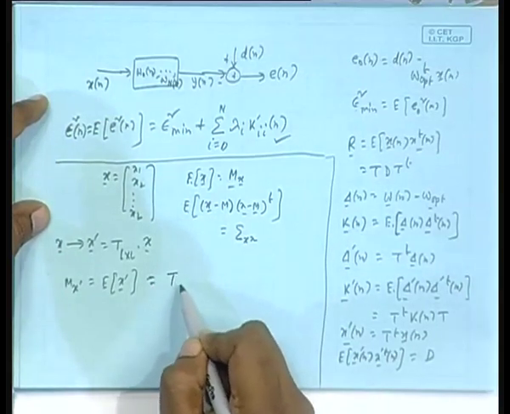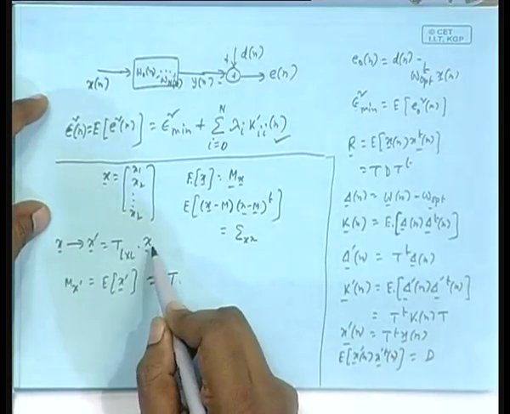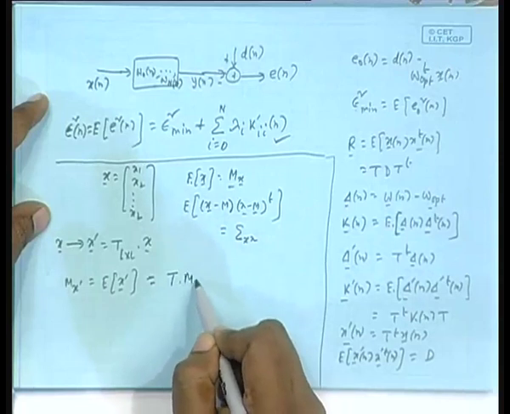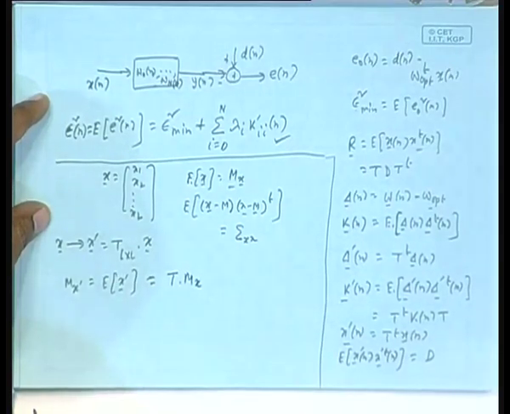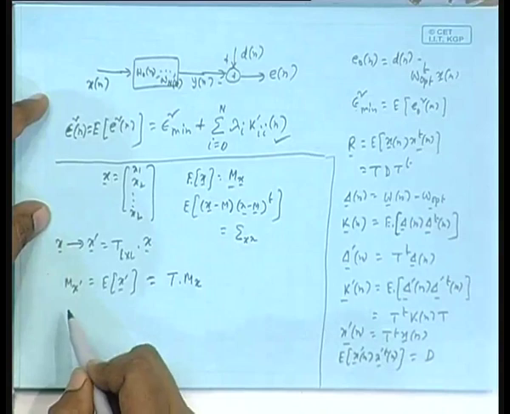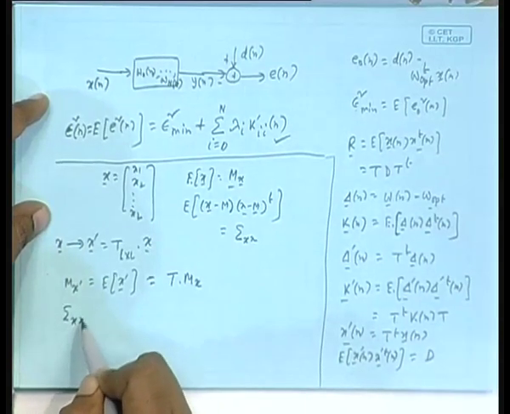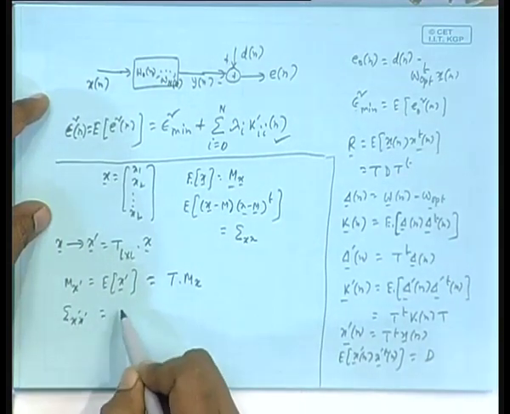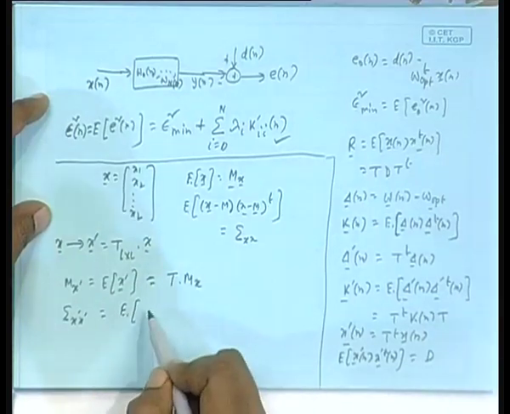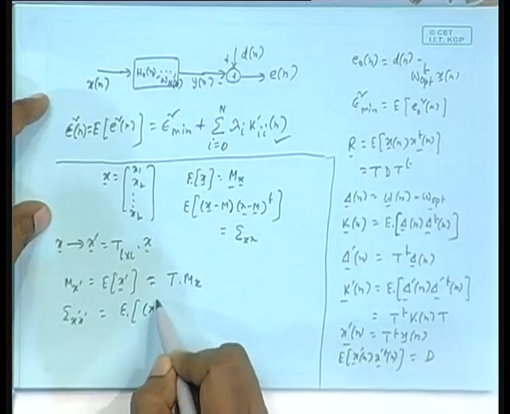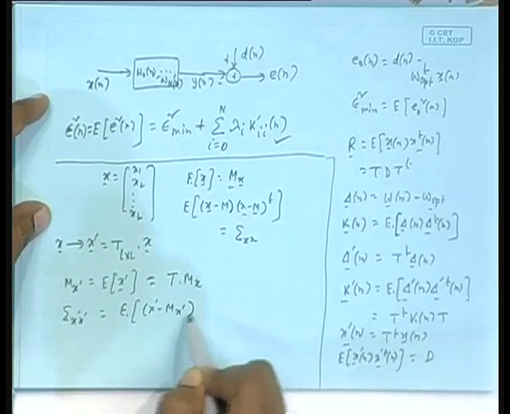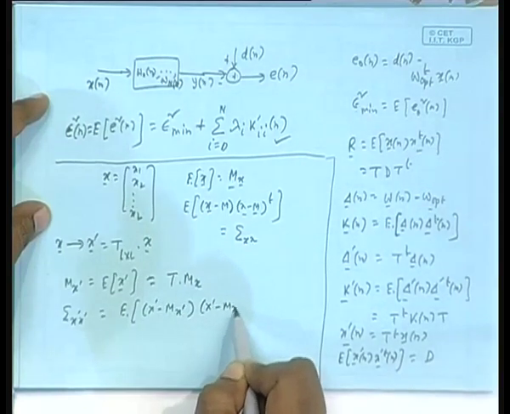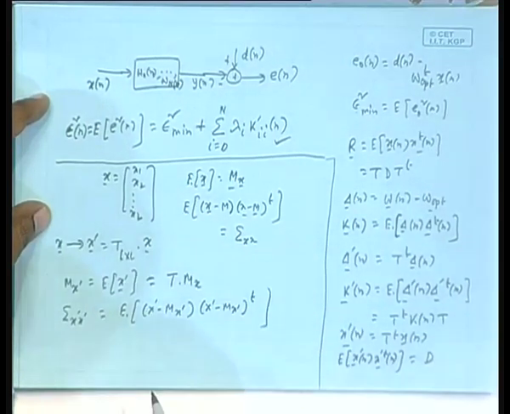So, it will be nothing but T times E of x, and E of x is m x. So, m x prime is T m x. And what is sigma x x prime? That will be E of (x prime minus m x prime)(x prime minus m x prime) transpose, right?